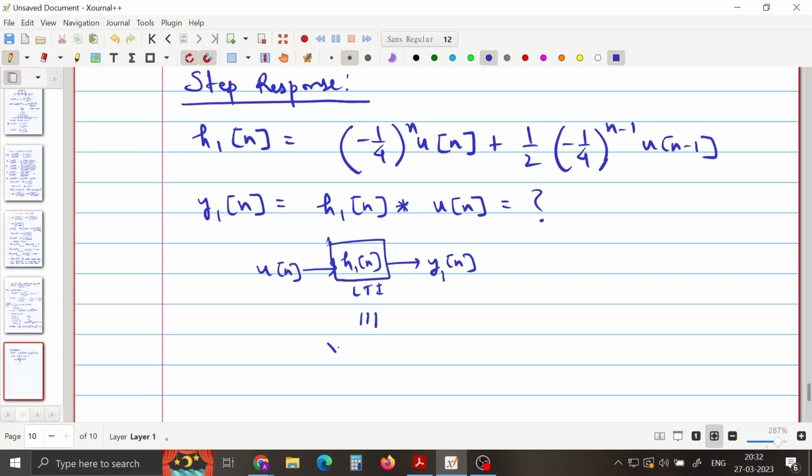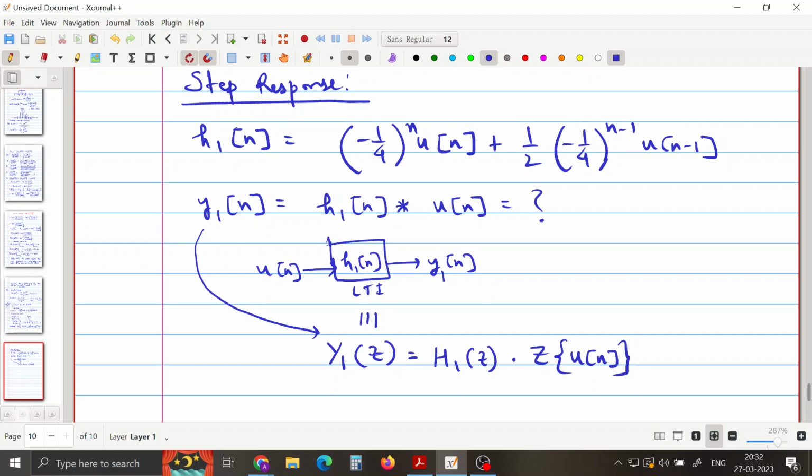If we go to the Z domain, Y1 of Z should be the product, because convolution translates to multiplication. So if I assume that the Z transform of h1 of n is capital H1 of Z, and I denote the Z transform of u of n like this, then instead of convolution now we have multiplication.